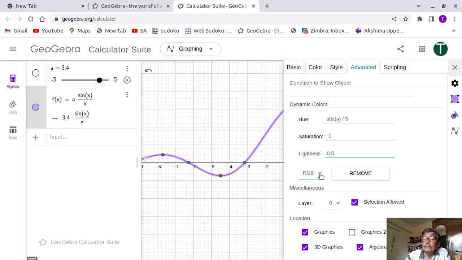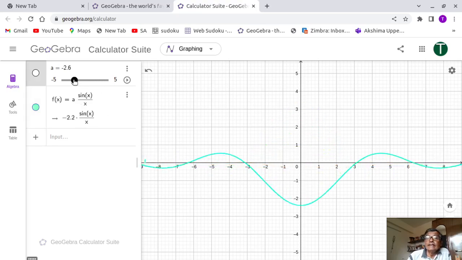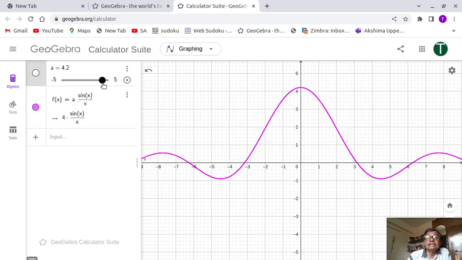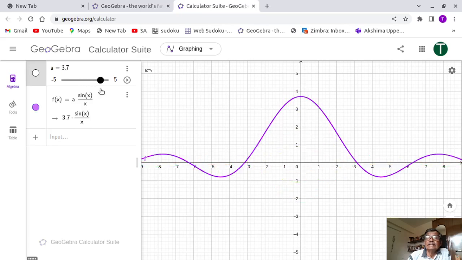Okay, so after doing this, you see this curve looks like this, and as you vary a, the color of the curve changes for different values of a. Clear?